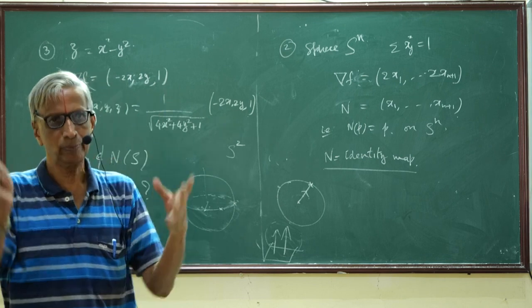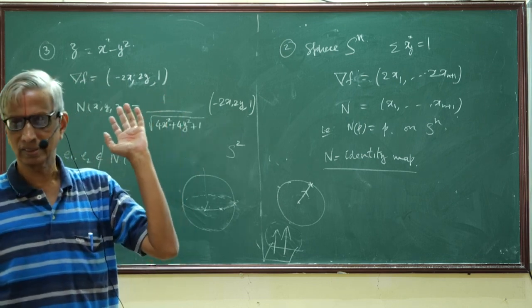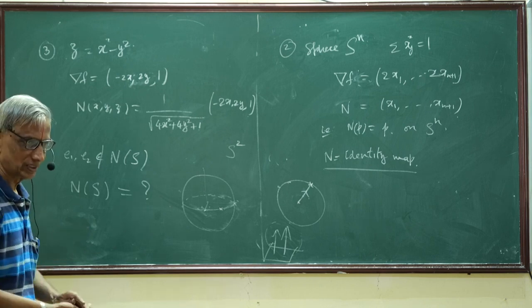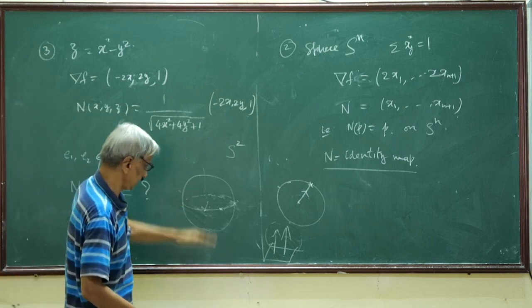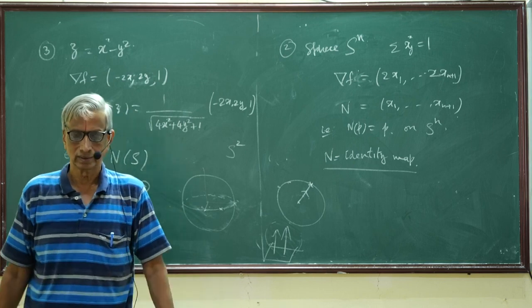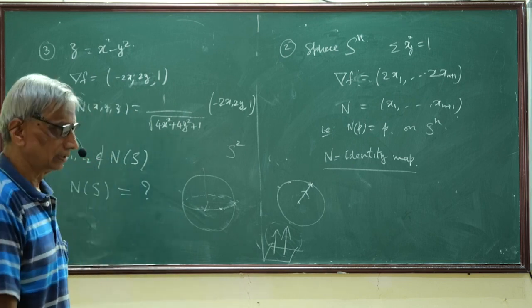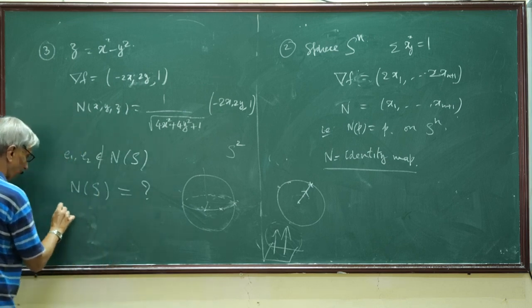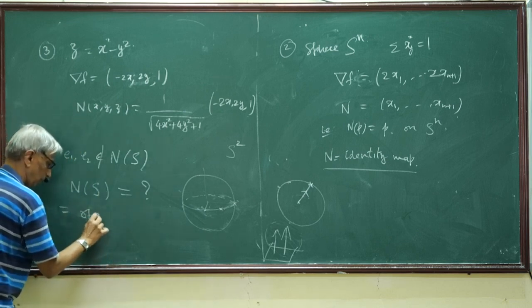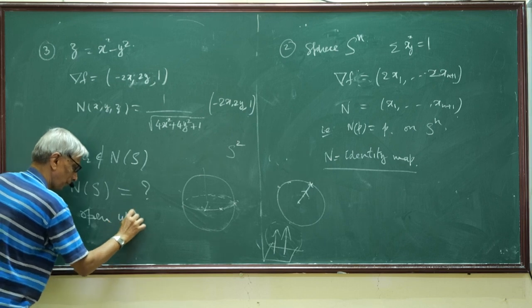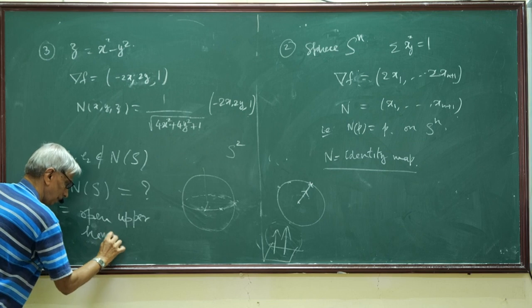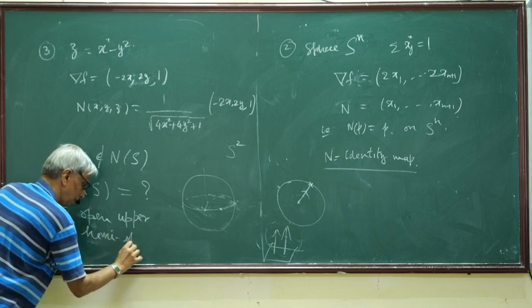What about the upper hemisphere? The whole of the upper hemisphere is open, of course, right? And 0 is also excluded. So this is equal to the open upper hemisphere.